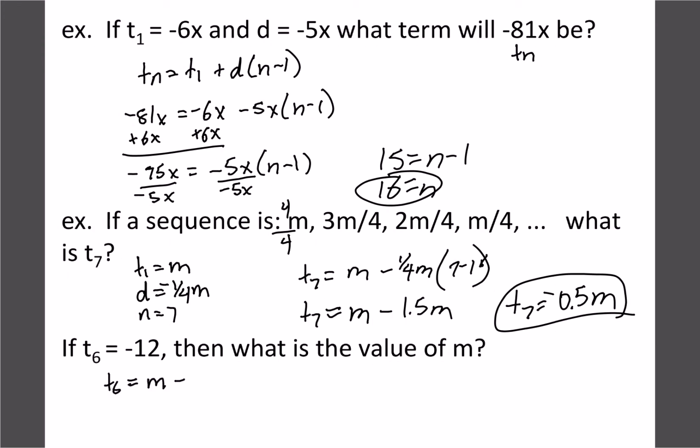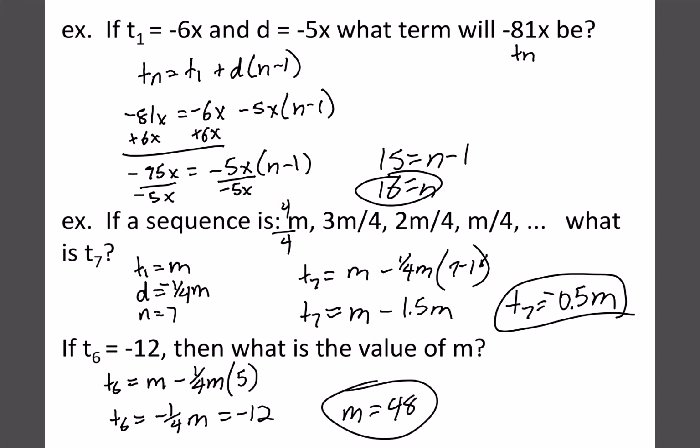We'd have m minus 1/4 m times 6 minus 1 would be 5. So we'd have m minus 5/4 m. So 1 minus 5/4 would be negative 1/4 m. So now they're telling us this is actually equal to negative 12, so we can make it equal to negative 12 and solve. So if we multiply by negative 4, we would get an m of 48.